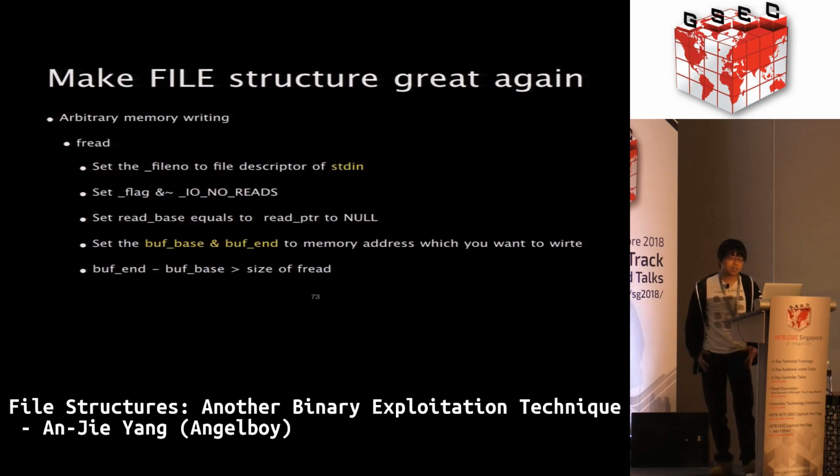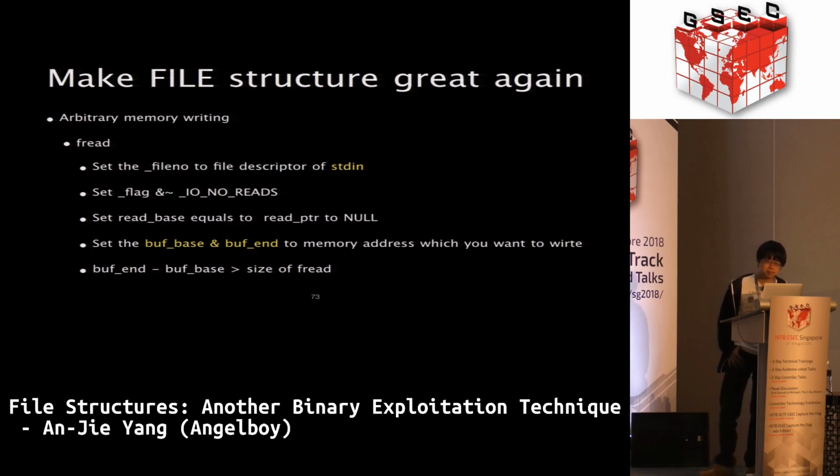Okay, the next part is using fread to do arbitrary memory writing. It is very similar to fwrite. We also need to meet these conditions. First, set the file number to the file descriptor of stdin. Second, set flags to not include IO no read.